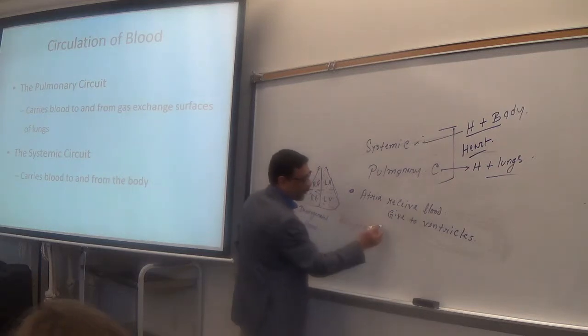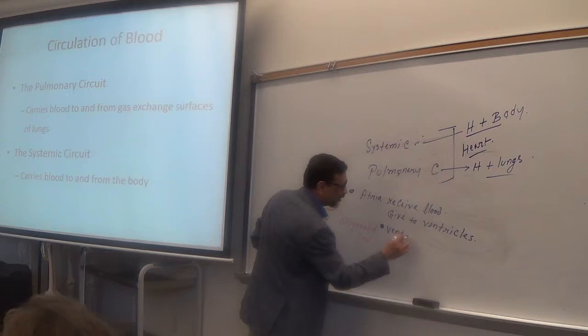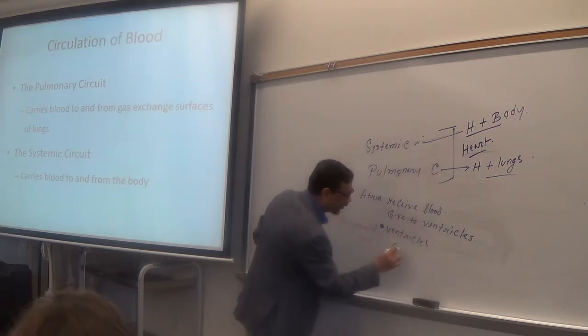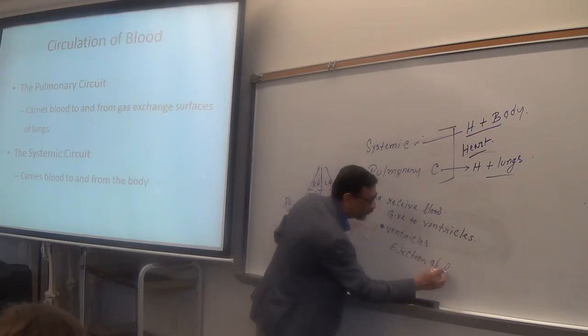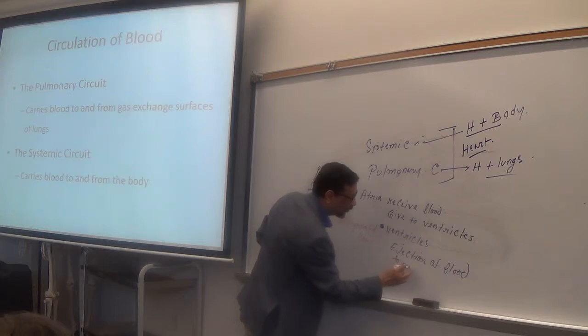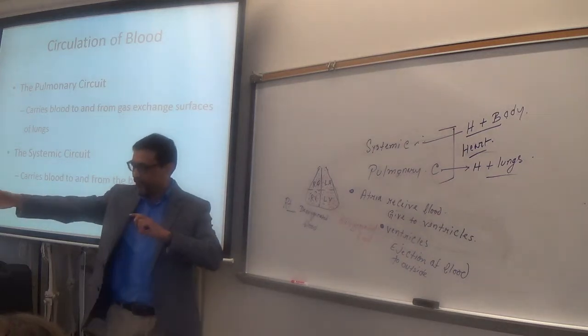And rule number 3, this is the last one. Ventricles are for ejecting the blood, pumping the blood out, to the outside. So atria receive the blood from outside and give it to the ventricle, right?